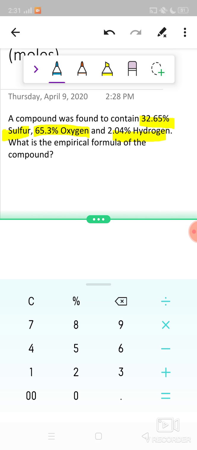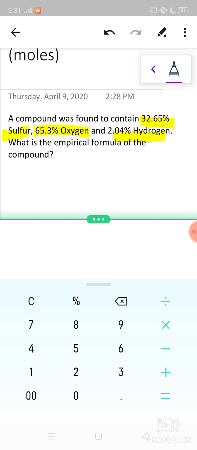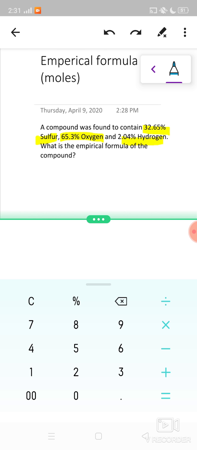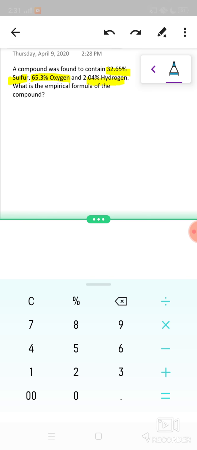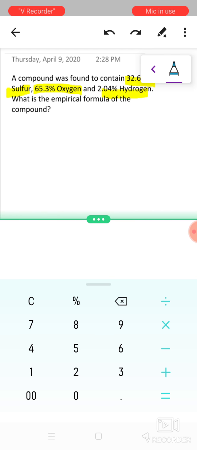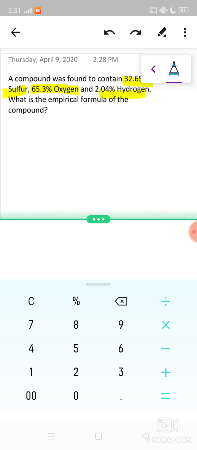Let's go for the first step. For this compound, we are supposed to know about the empirical formula and the molecular formula. First of all, these percentages will be taken into grams.